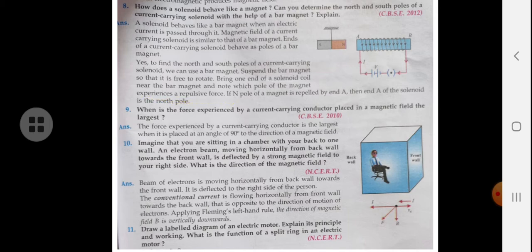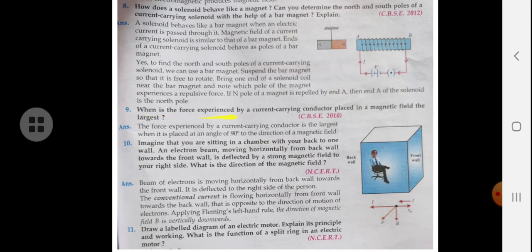If we bring the north pole towards this current carrying solenoid and it is attractive, it means this end is the south pole of the solenoid. And if it is repulsive, it means this end has the same pole, that is north, because as we know, same poles repel each other.